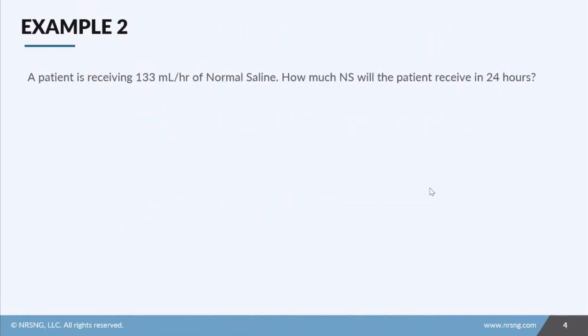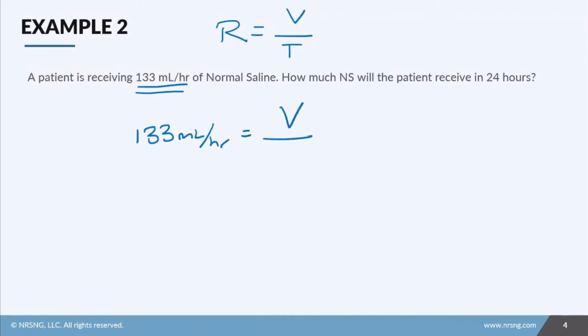Example number 2, a patient is receiving 133 milliliters per hour of normal saline. How much will the patient receive in 24 hours? All right, remember, rate equals volume over time. This is direct algebra, okay? Let's just insert these numbers. Our rate is 133 milliliters per hour equals the volume, which is what we're looking for, over 24 hours.